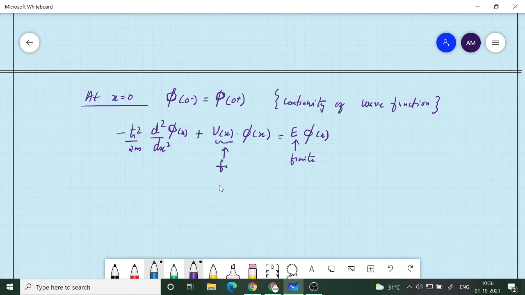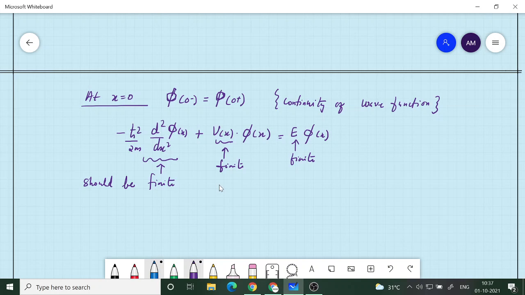It is just a mathematical argument. So the third term in this equation, the second derivative, should also be finite. Otherwise the equation cannot hold. If the other two are finite, the third term should also be finite.